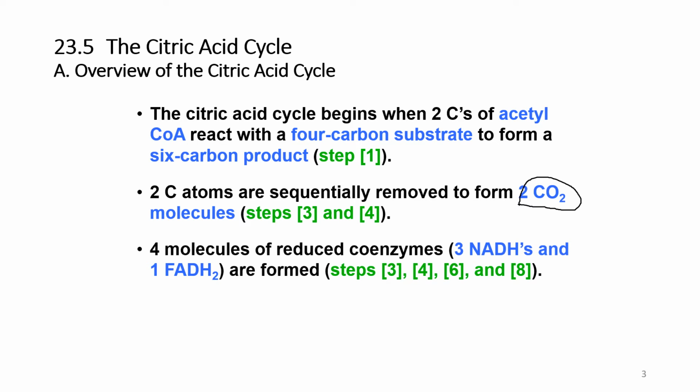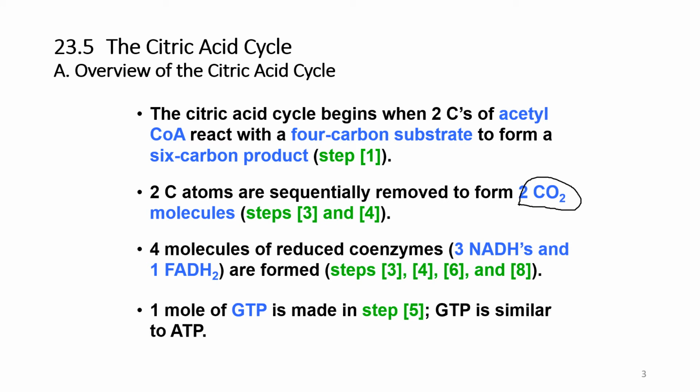We produce 4 reduced coenzymes. And the steps are listed here. You don't need to know those details, but you need to know the overall products of this process. And 1 mole of GTP, which again is an ATP-like energy molecule.